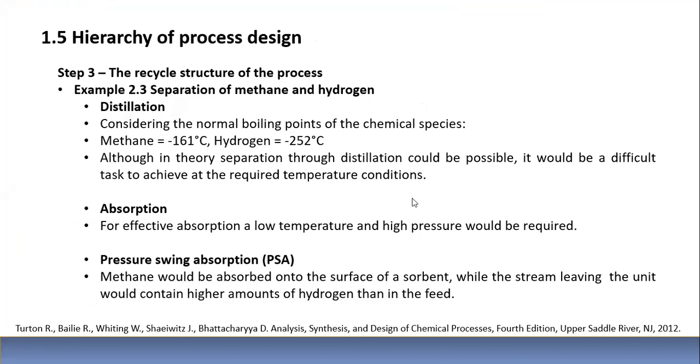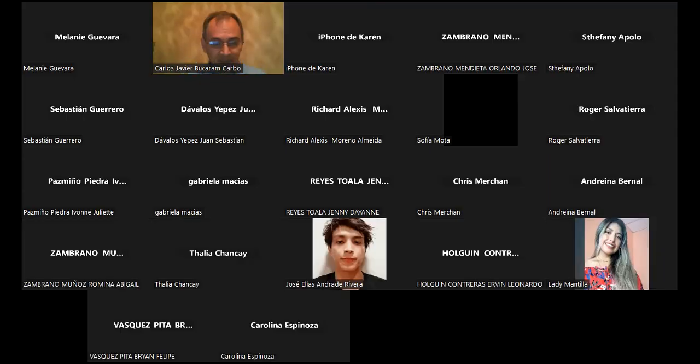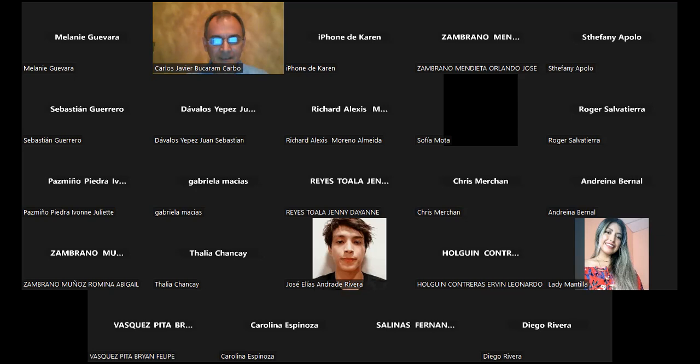Este proceso de pressure swing absorption lo podemos ver, a ver si lo podemos ver en Wikipedia. Hay un dibujo de esto y deseaba compartirles. Vamos a ver. Para que ustedes lo puedan ver. Tengo una idea de cómo funciona esto.